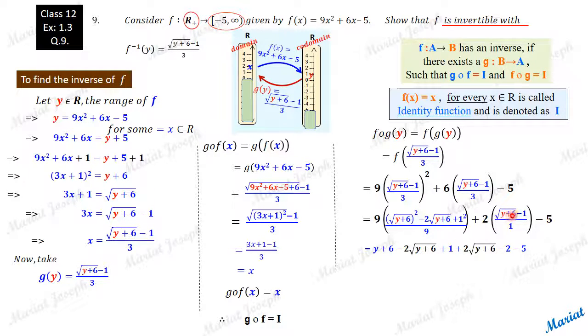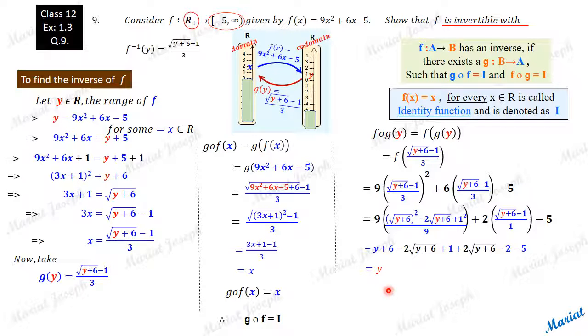Twice of root of y plus 6. Minus 2. Minus 5. Here we can see there are two like terms with opposite signs. Gone. And here 6 plus 1 is 7. Minus 2 minus 5 is minus 7. So ultimately this whole expression is giving you only y.